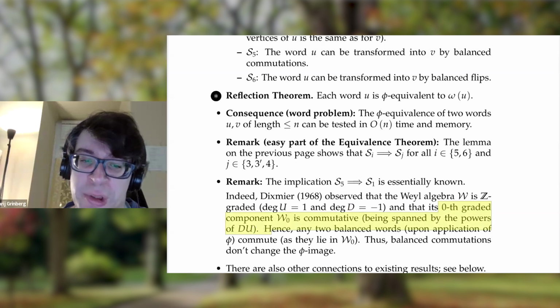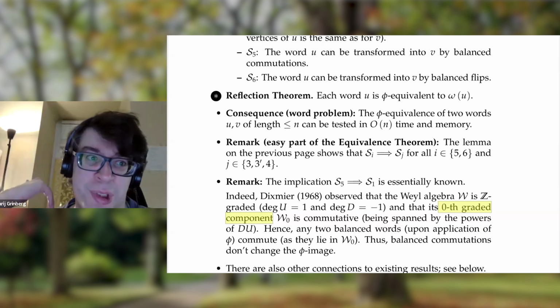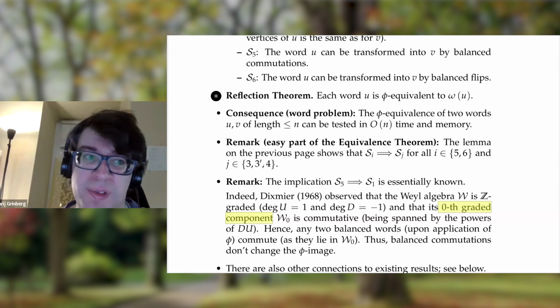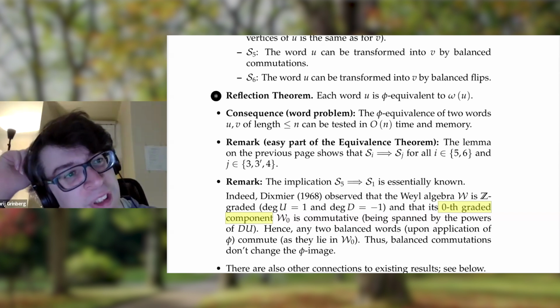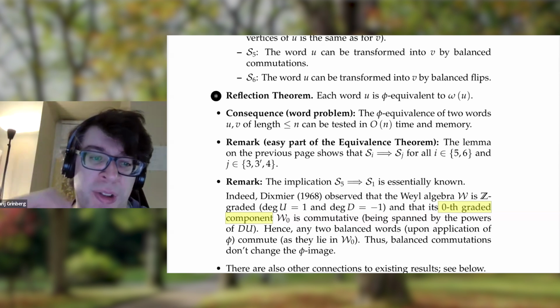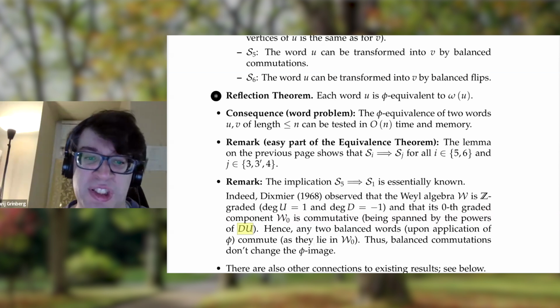And then its zero graded component is basically made of balanced words because you have to have the same number of u's and d's in the word. Strictly speaking, it is the span of the balanced words. And in fact, it's sufficient to take the span of the powers of the u. This is something that Dixmier implicitly showed.